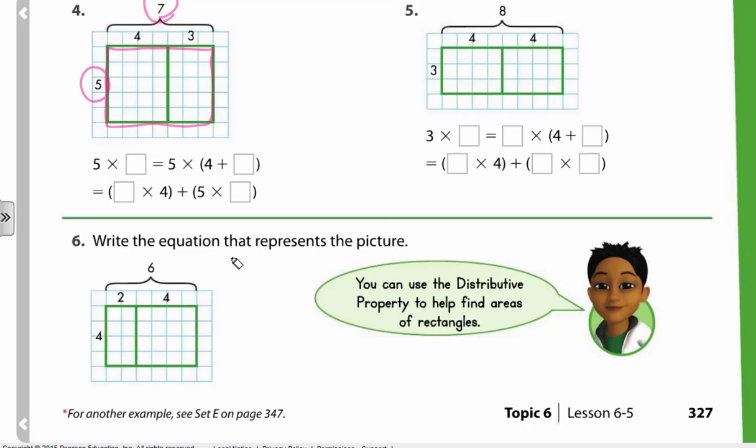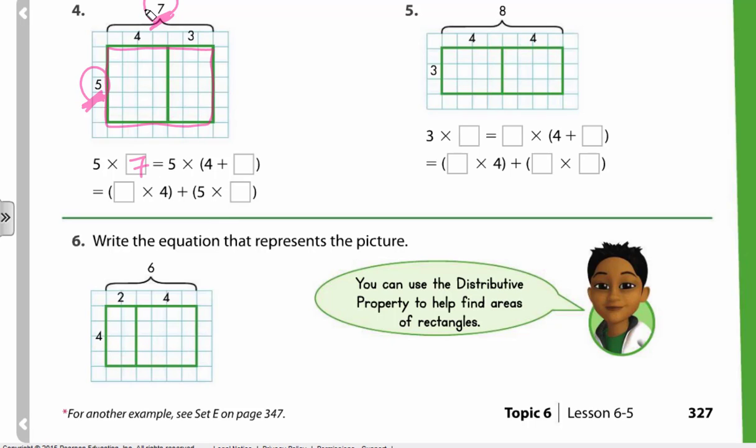Yeah, I see it. What's the area of the big rectangle? Five times 7. Okay, thank you.